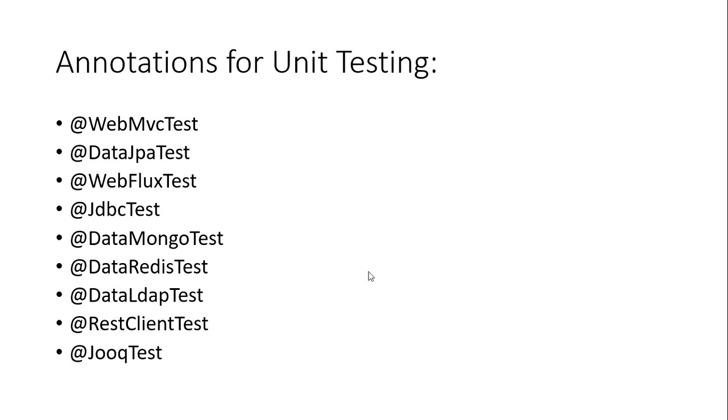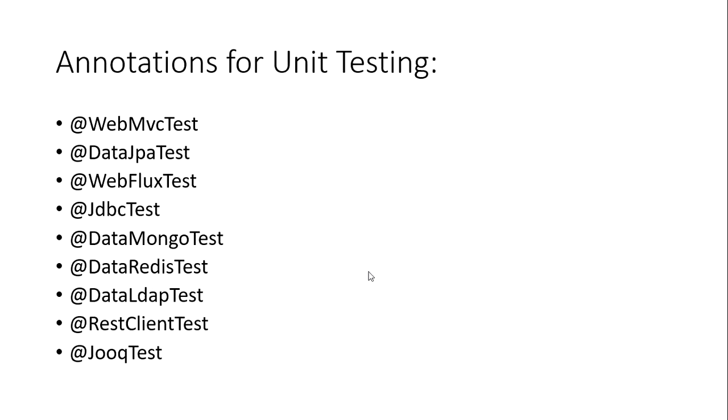For example, whenever you are writing a controller, it will take care of your controller, your controller advice to handle the exceptions, HTTP message converters, and the JSON paths. Only those required beans will be instantiated while kicking off the application context.